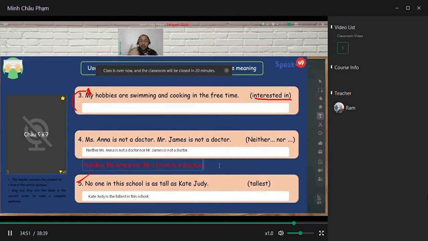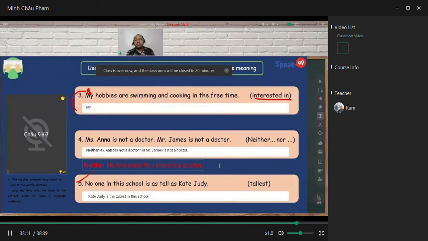So the word neither is already considered not. Any one of them is not a doctor. So you could say neither Miss Anna nor Mr. James is a doctor.